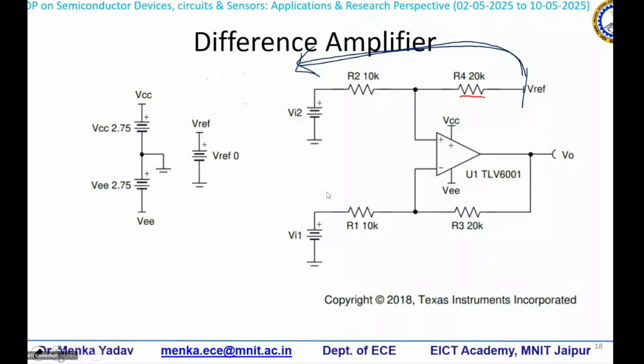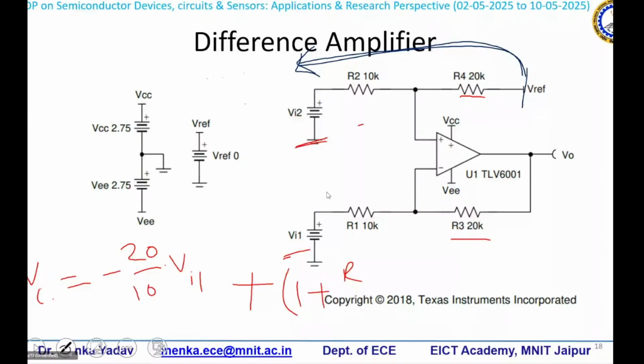So if we recall what we have created, I had VO is equal to minus Rf upon R1, so minus Rf, which is 20K, upon 10K into Vin 1, plus, because of this only, what you had 1 plus Rf upon R1, that is nothing but 2, right? Because this 0 is getting cancelled away, Rf upon R1 becomes 2. So I am replacing it by that particular value.